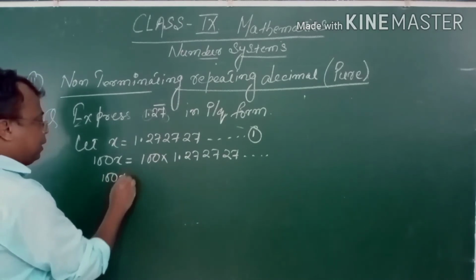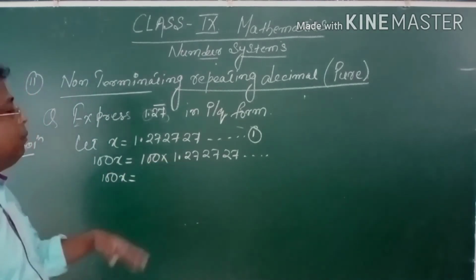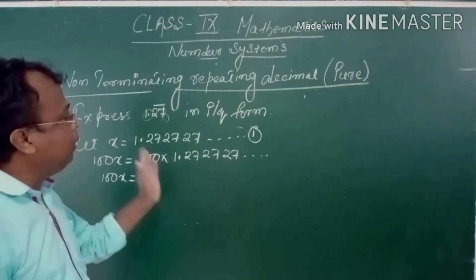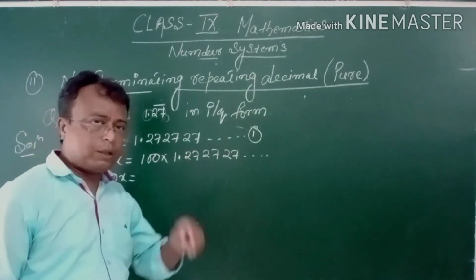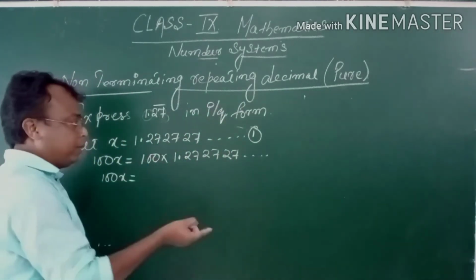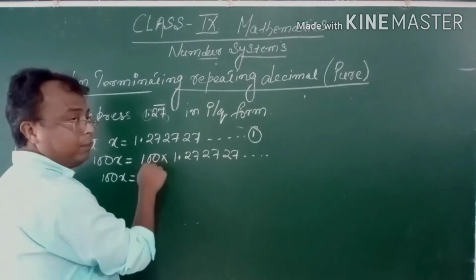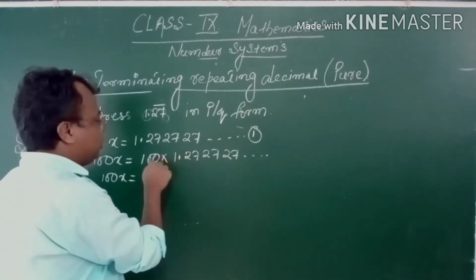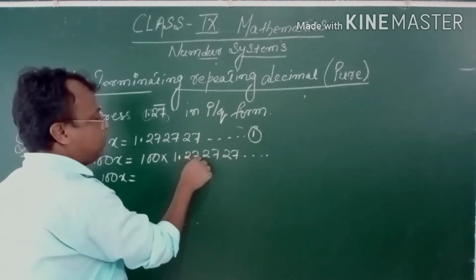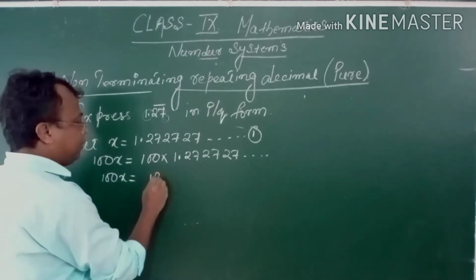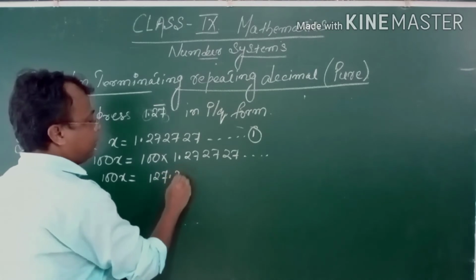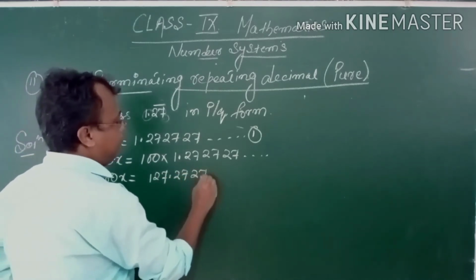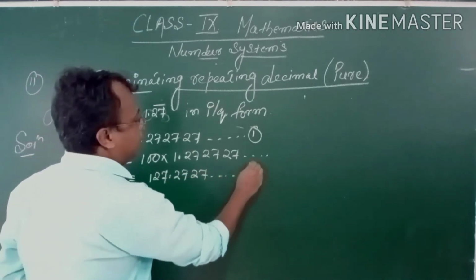If you multiply this decimal number by 100, the decimal will shift 2 steps towards the right. So it is 127.2727 dot. Now it is equation number 2.